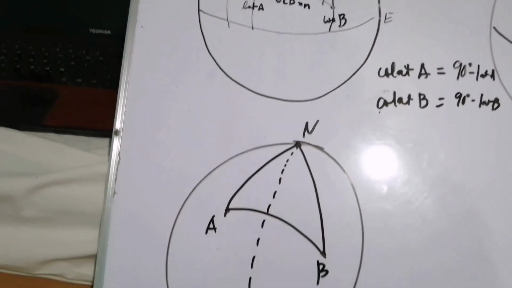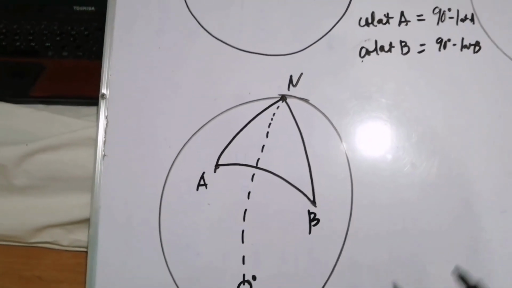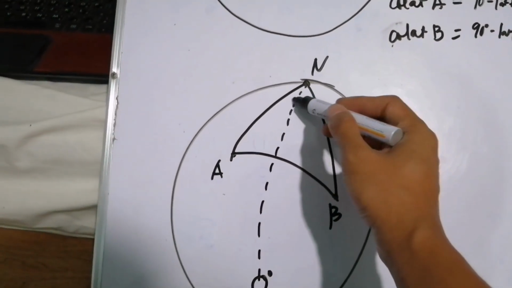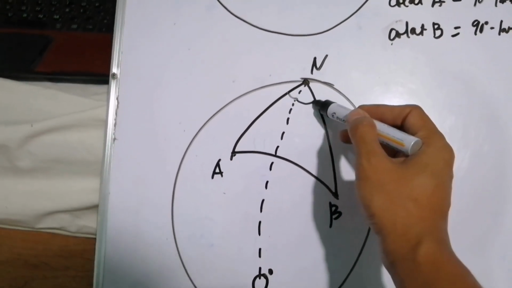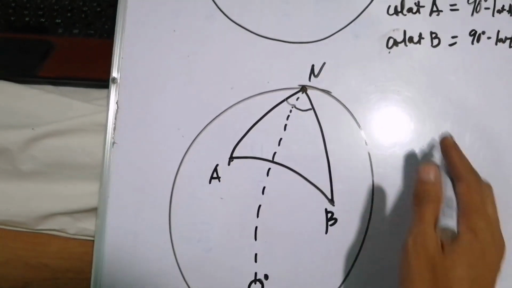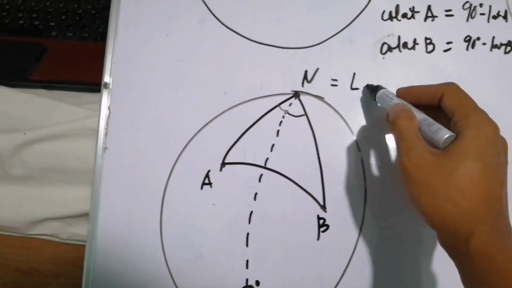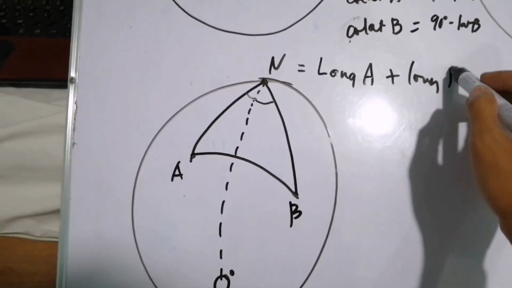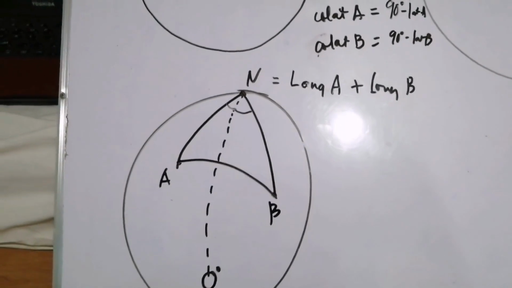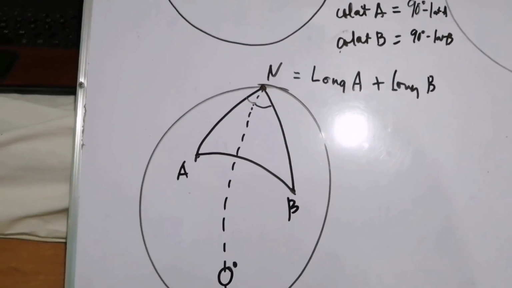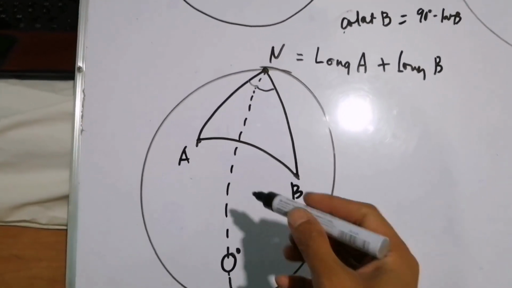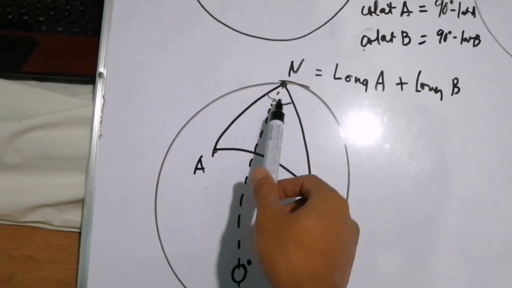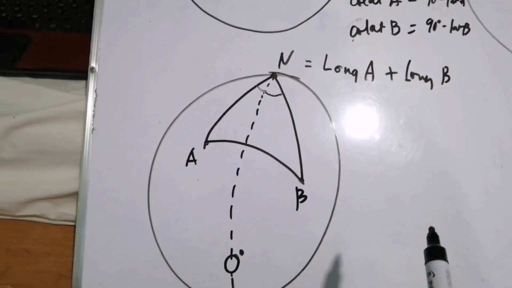A while ago we called it the D-long, but in this case it's not the difference anymore; we have to consider the longitude of A and the longitude of B. To find angle N, it's simply the sum of the longitude of A and the longitude of B. I hope we will not be confused on the names, because even if we call it the D-long here, it's actually now the sum of the longitudes.